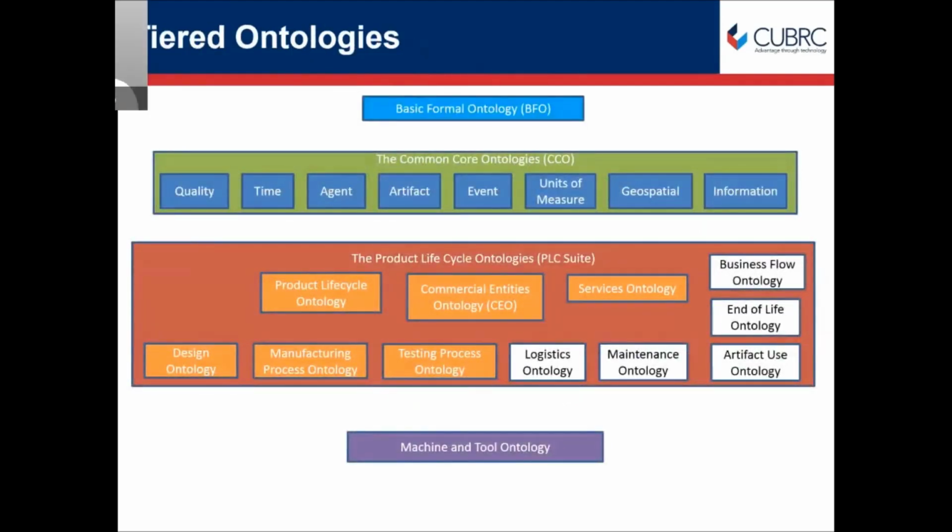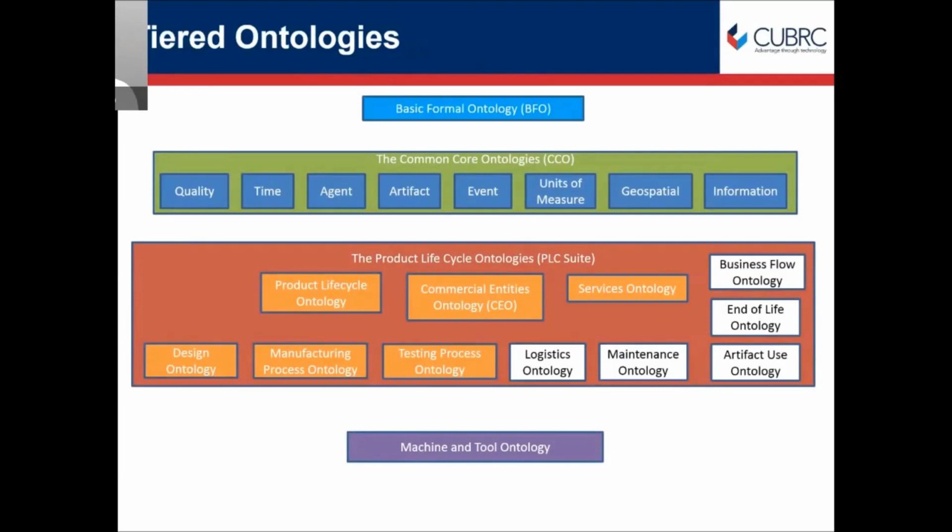So I'm sure Barry has mentioned this to you, but here's a depiction of the ontologies that are being used in this project. At the top, of course, there's basic formal ontology, and then a set of mid-level ontologies called the Common Core that were developed here at CUBRC, which are an extension and elaboration of basic formal ontology into a set of component ontologies ranging from qualities and agents and artifacts and events to units of measure and information and so on.